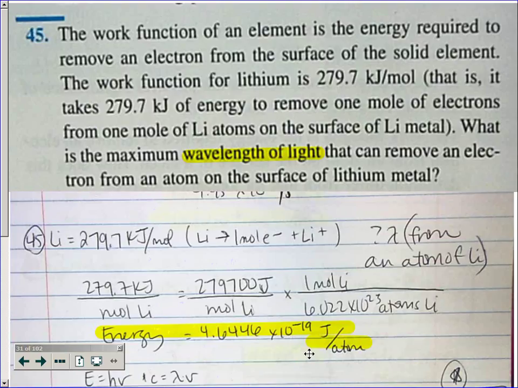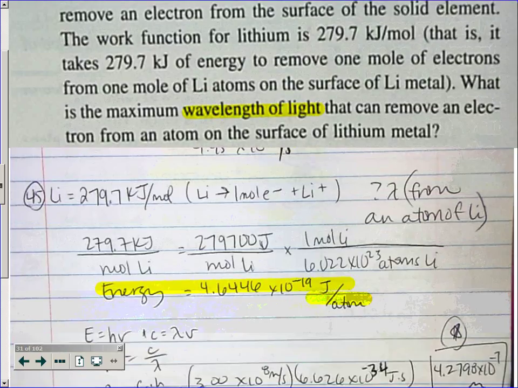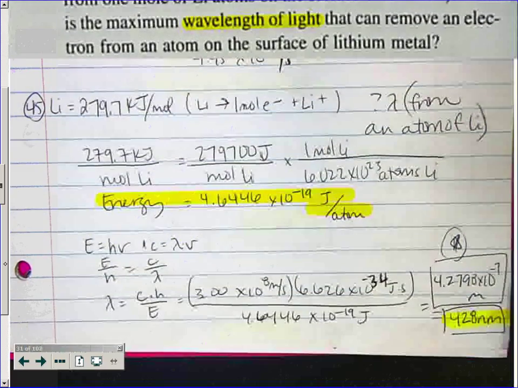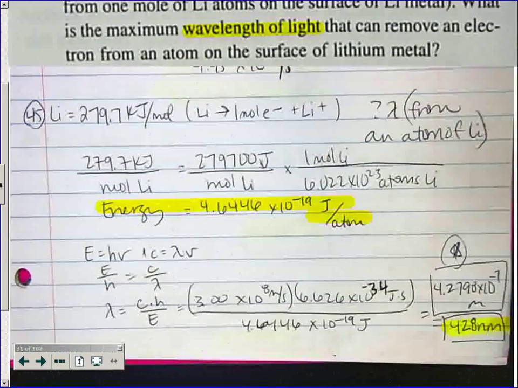So that much energy is required to remove 1 full mole of electrons. So if you scale that down to a single atom, you're basically looking at Avogadro's number and how that relates. So this is kind of what the givens were, and it was talking about lithium releasing 1 mole of electrons to make lithium ion.